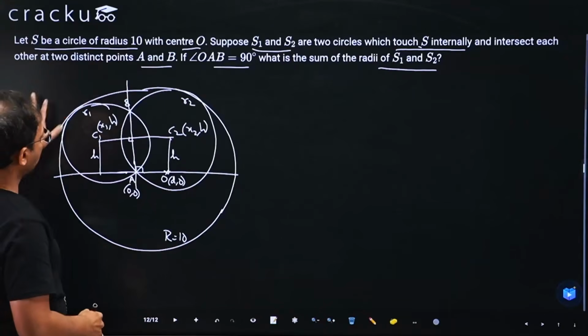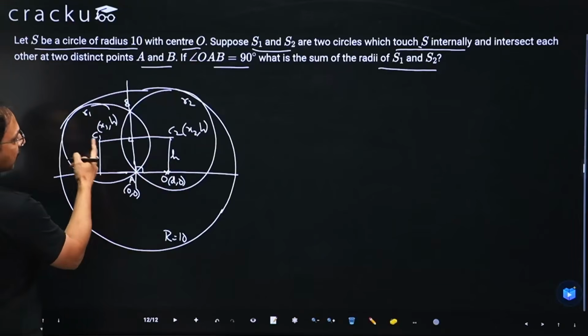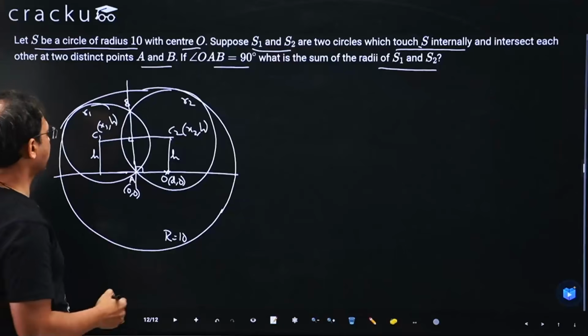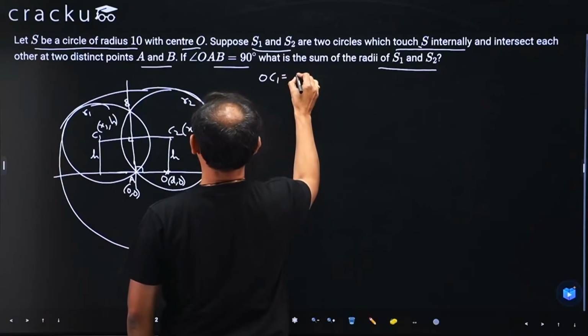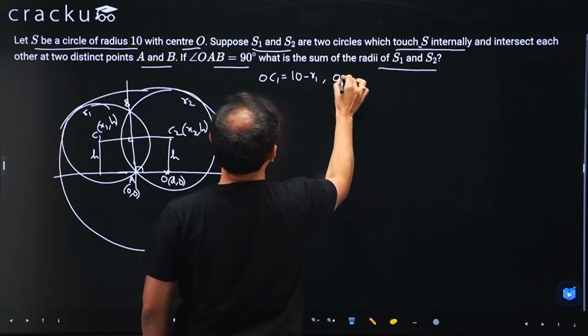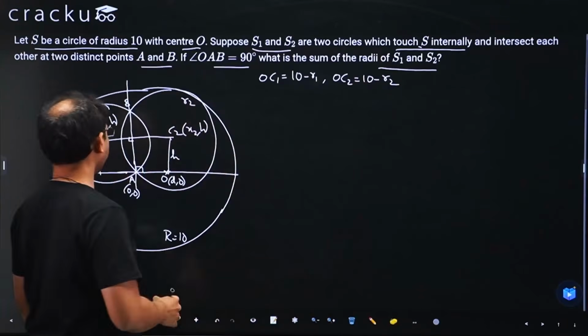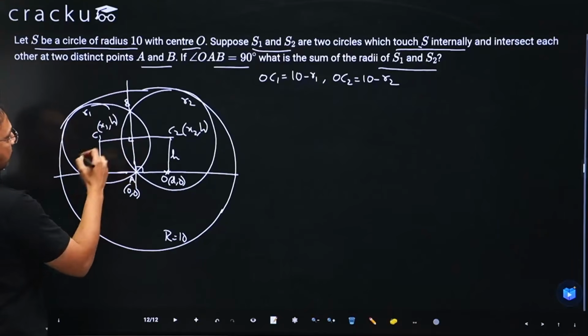Now the big circle and this circle are touching internally. When two circles touch internally, the distance between the centers is the same as the difference of radii. So OC1 is 10 minus R1. Similarly, OC2 will be 10 minus R2. Now look at C1A, that's the radius of this circle.